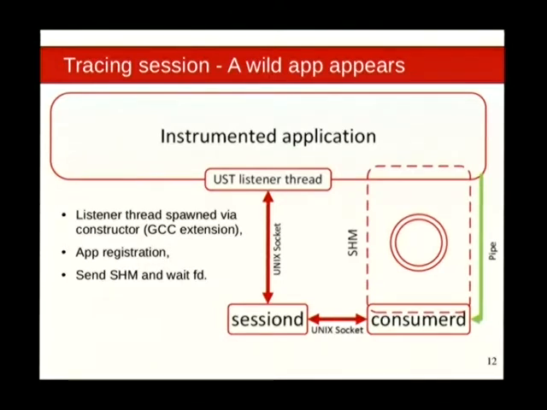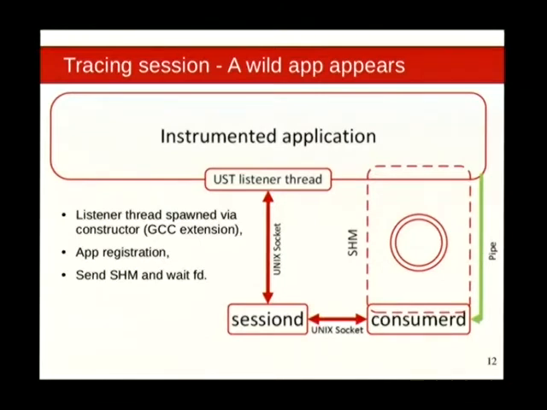The application will just populate those buffers with the tracing data. And this is the great thing about tracing in user space with LTTng: when your application crashes, the buffers are still alive. We have the buffers, we have everything to consume them, we know the application is dead, so we just extract the data, and you get all your trace even though the application is dead.